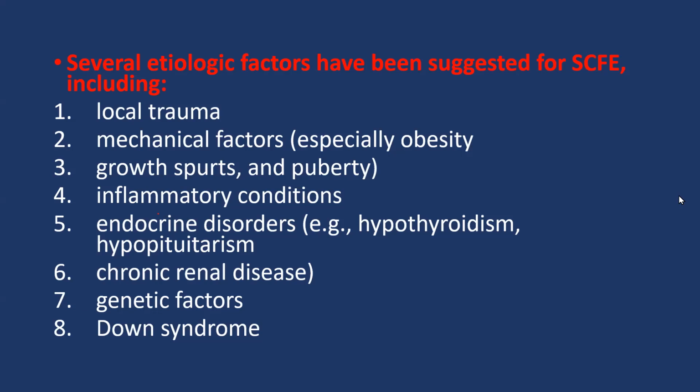Endocrine disorders. We know that slipped capital epiphysis is common in hypothyroid patients and hypopituitarism. Why? Because they weaken the physis. Chronic renal disease, we know it's very high, and genetic factors, predisposition, and Down syndrome.